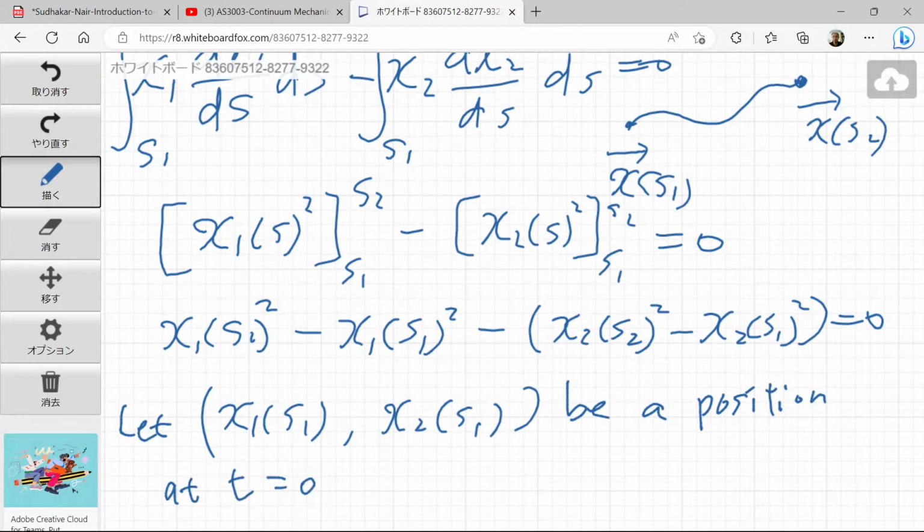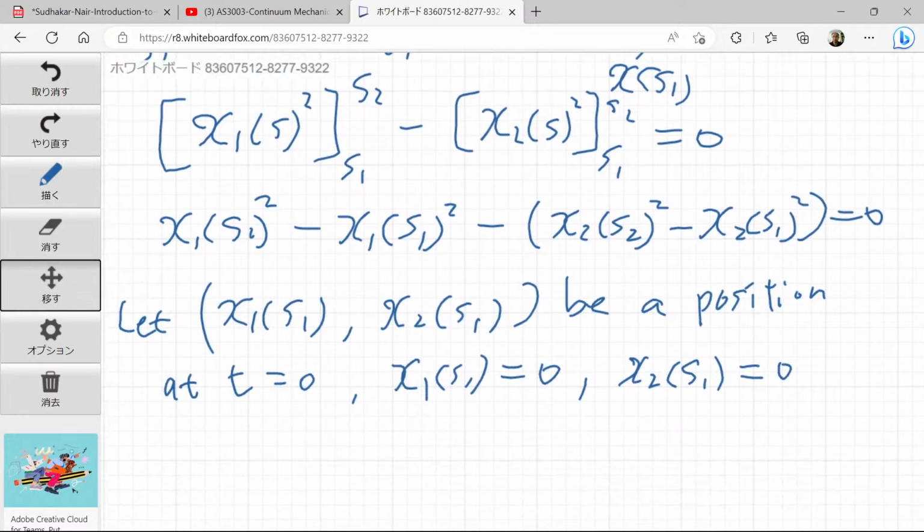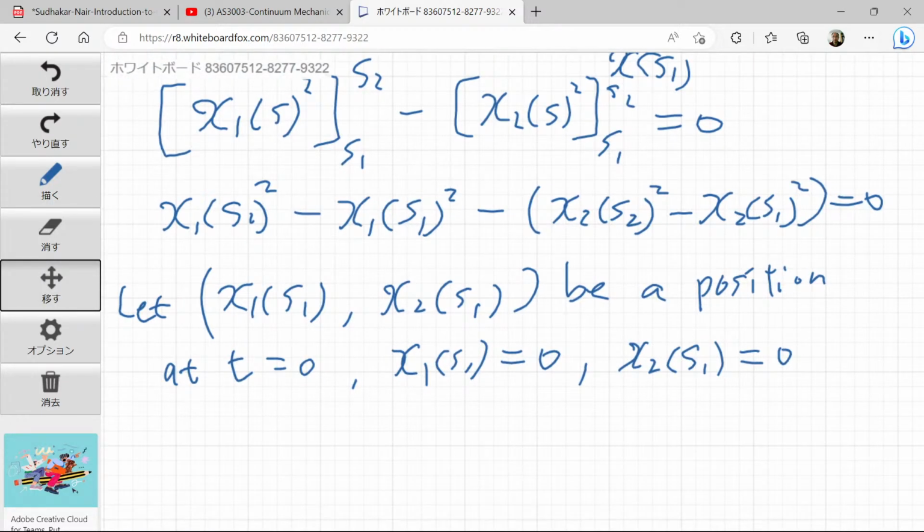So that means x1(s1) equals 0, x2(s1) equals 1.